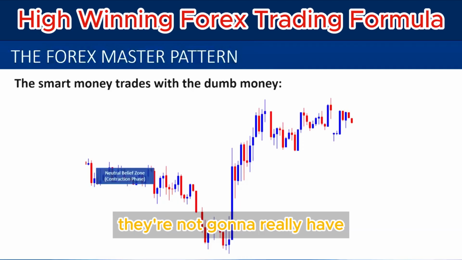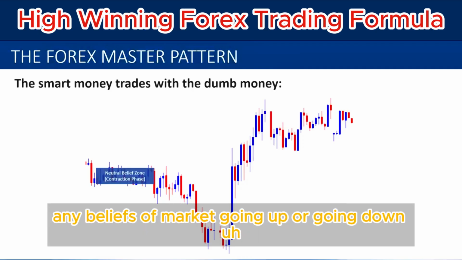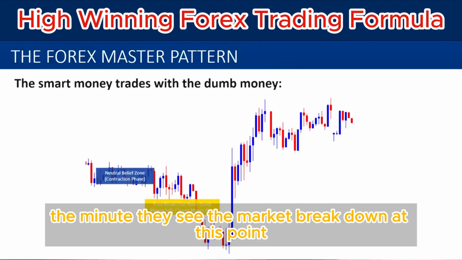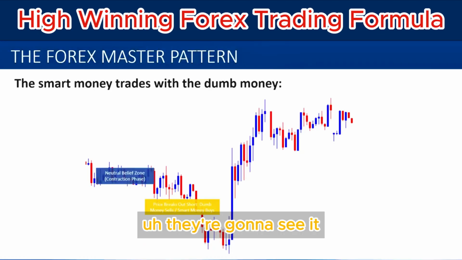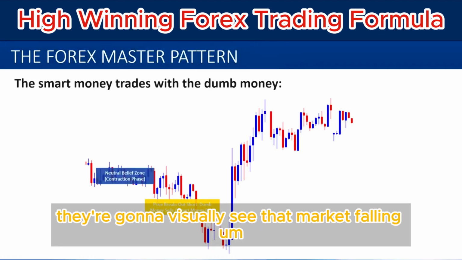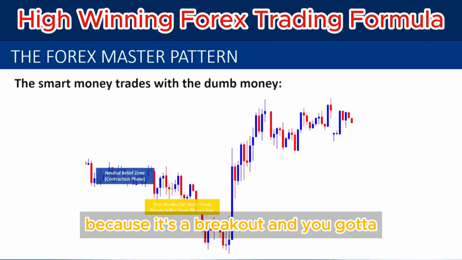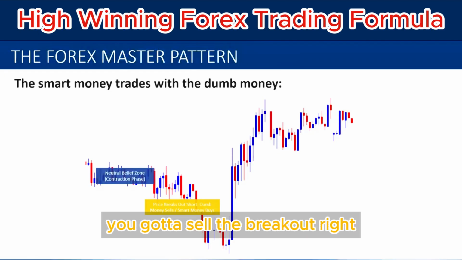They're not going to really have any beliefs of market going up or going down. It's just going sideways. So the minute they see the market break down at this point, they're going to visually see that market falling. And the less skilled traders are going to start to sell the market because it's a breakout. And you've got to sell the breakout, right?